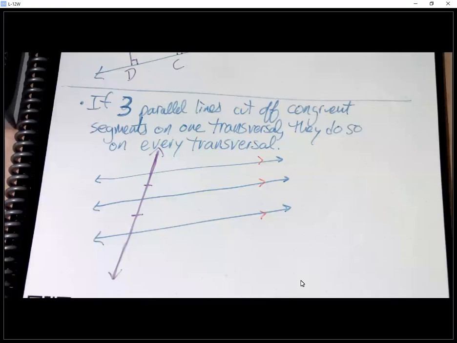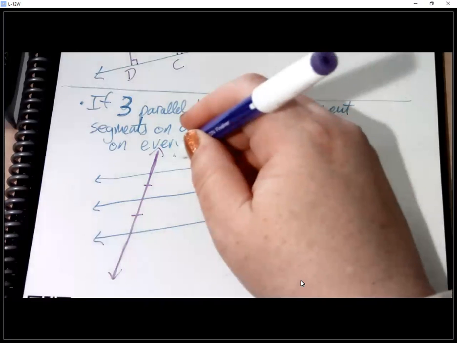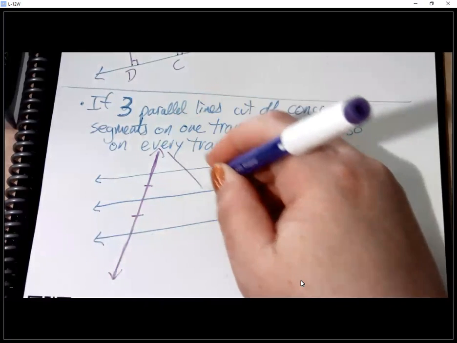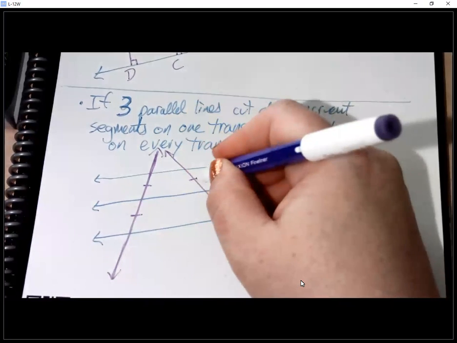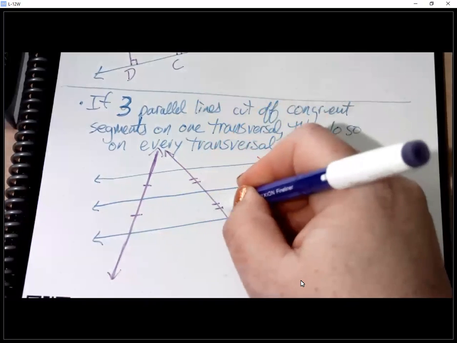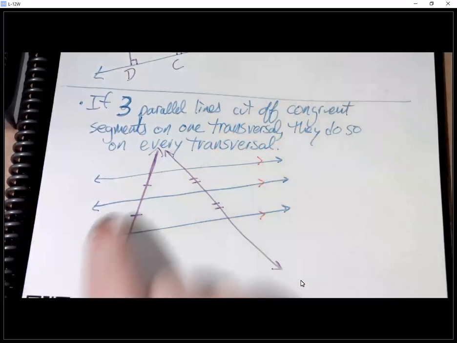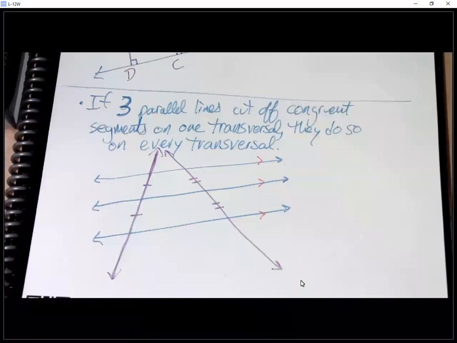Not necessarily the same as these, but check this out. So maybe I'll draw another transversal that's sort of even at a greater slope here. These pieces in between the parallel lines, if one transversal is cut equally, every transversal will be. Isn't that something? I love this one.